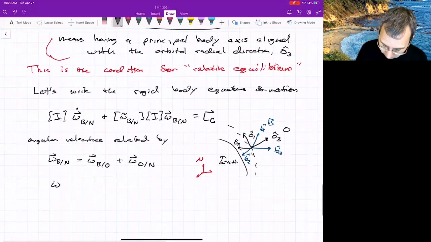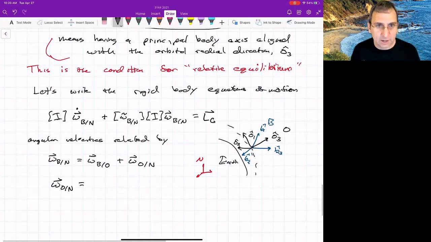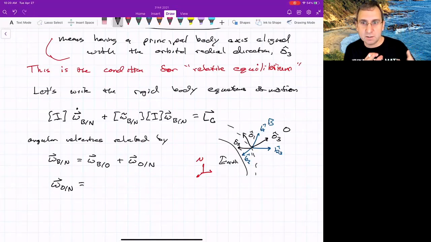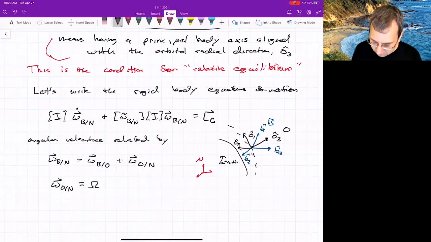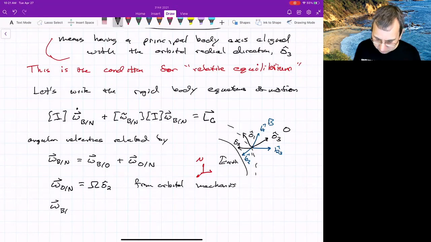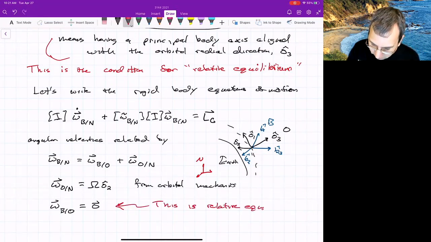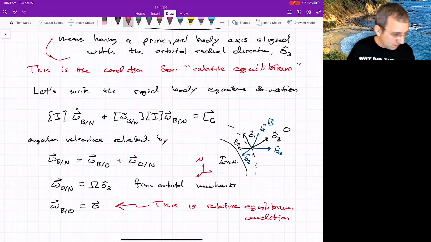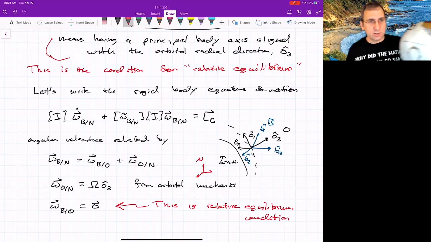We've already worked out the orbital frame with respect to the inertial frame, that goes back to orbital mechanics, and that is omega O2. Omega of the B frame, the body frame, with respect to the orbital frame, we want this to be zero. So this is the relative equilibrium condition, right? Because that's what matters for satellite operations.